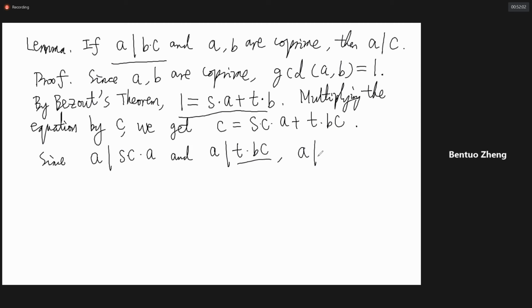Then A divides SC times A plus T times BC. Okay, the sum of two multiples of A is still a multiple of A. But SC times A plus T times BC is equal to C here. So A divides C.